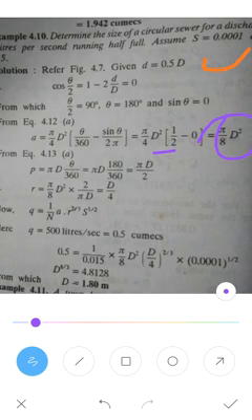If you have any confusion in this, I will repeat once again. See here, the diameter we don't know, so we kept it as it is. Here theta by 360 is there. 360 is an angle, not a value, so you write it as it is.